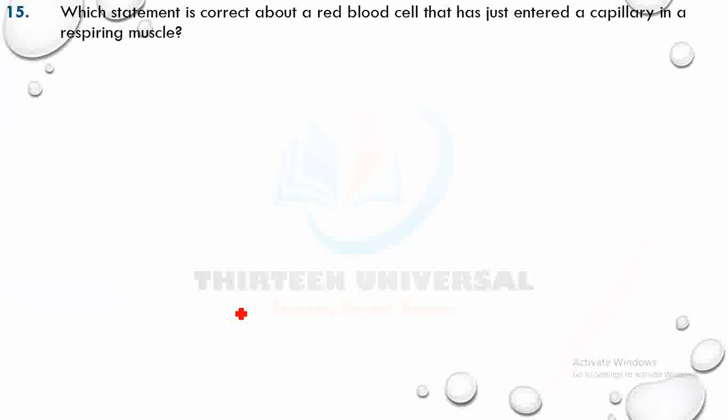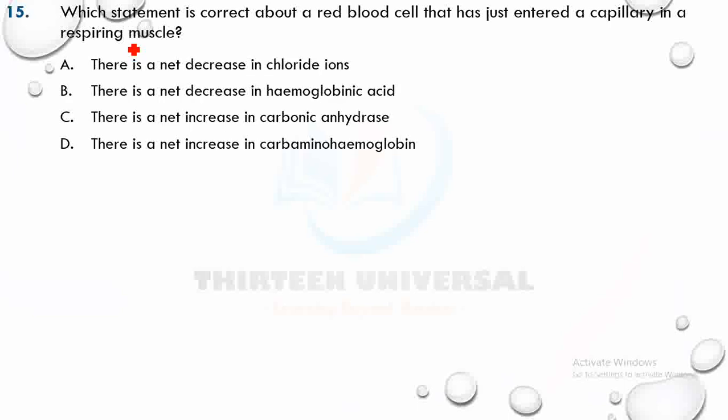Which statement is correct about a red blood cell that has just entered the capillary in respiring tissue? So when a red blood cell just enters the capillary, what happens? Pause this video and try the answer.